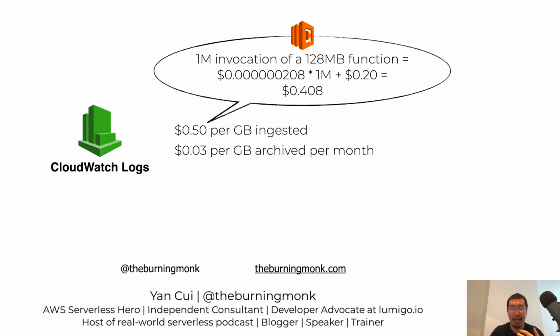And if you log everything in production, then it's quite common for you to spend many times your Lambda invocation cost on CloudWatch Logs. In fact, I've seen many customers spend 10 times the Lambda cost on CloudWatch Logs.